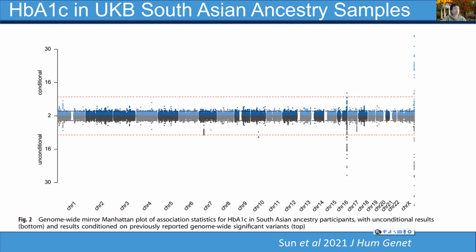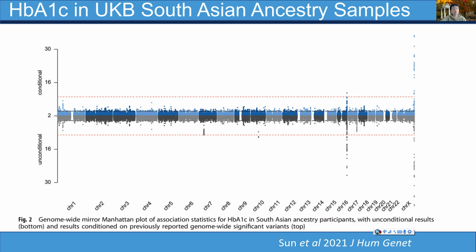This is unconditional. Basically, for each variant, we figure out its association with the hemoglobin A1C levels. And the top panel conditions on all the variants reported in the GWAS catalog, as well as all the variants discovered by European ancestry individuals in UK Biobank. As you can see, two loci remain genome-wide significant even after conditioning on known variants and variants reported or discovered in European ancestry individuals.